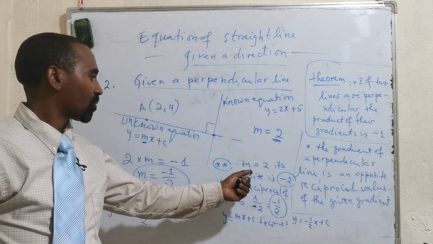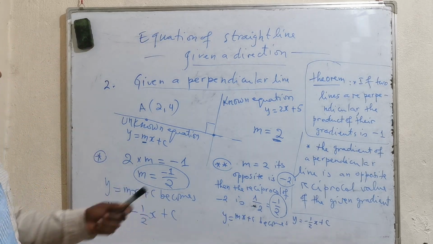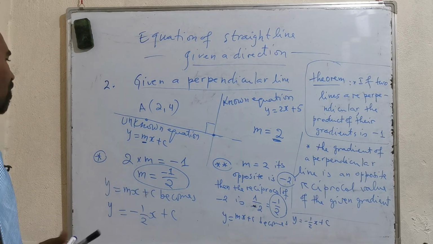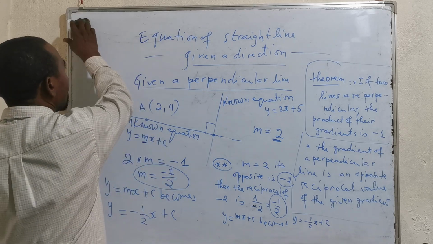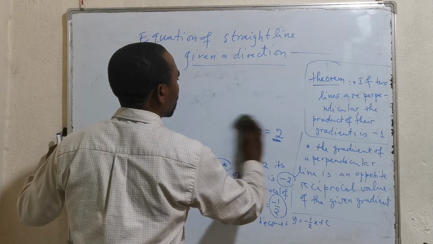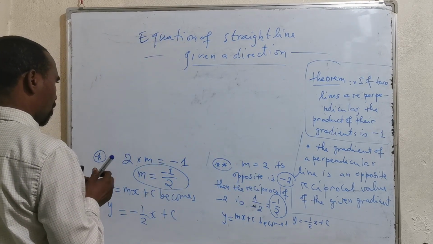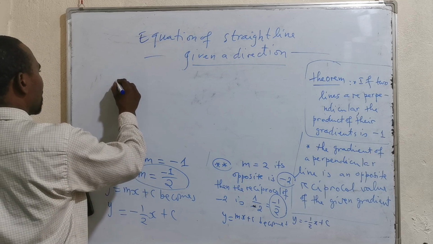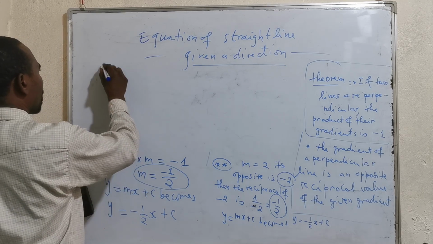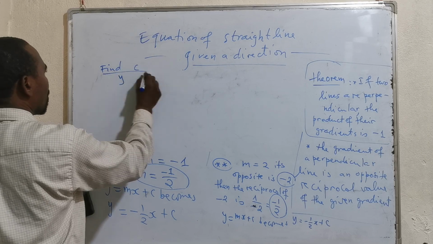You can use the opposite reciprocal, the additive opposite, or you can use the product of gradients. Let us now find c.